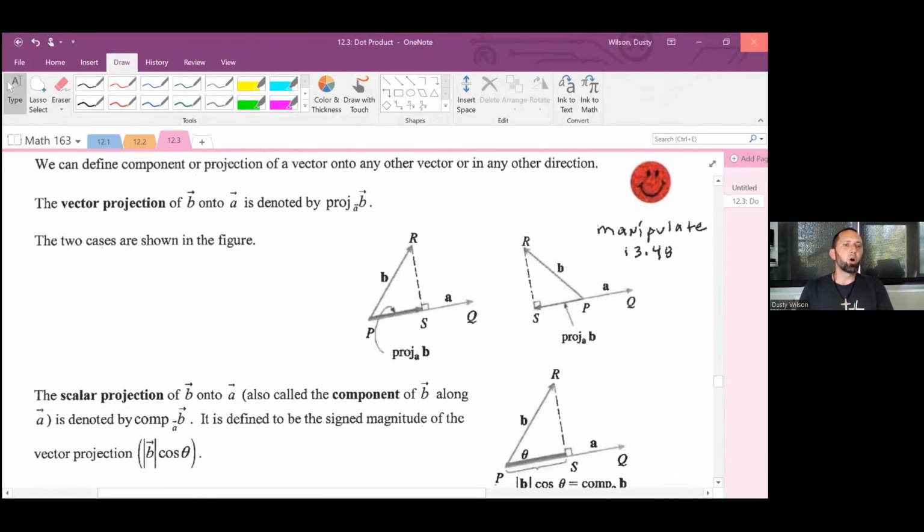We can define the component or projection of a vector onto another vector or any other direction. And so there are some formulas coming. Let me show you this animation before we get too wild and crazy.